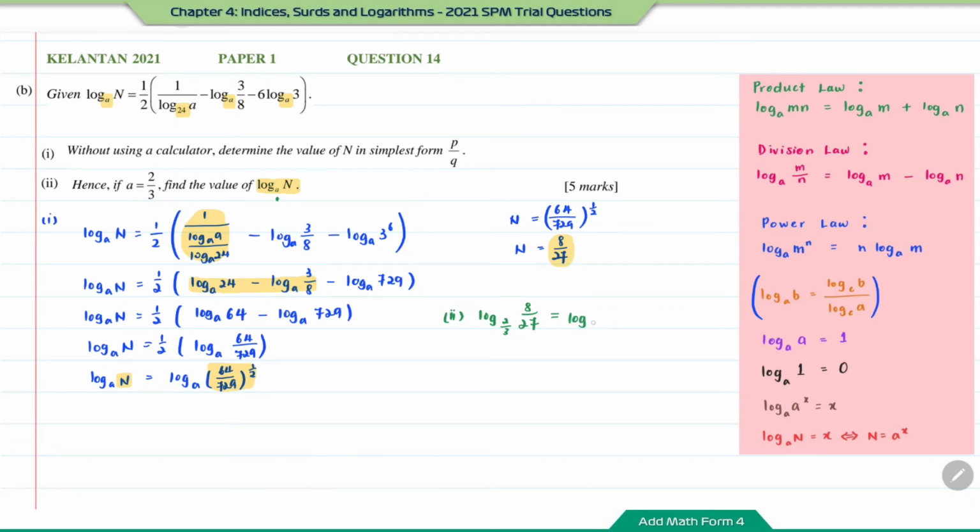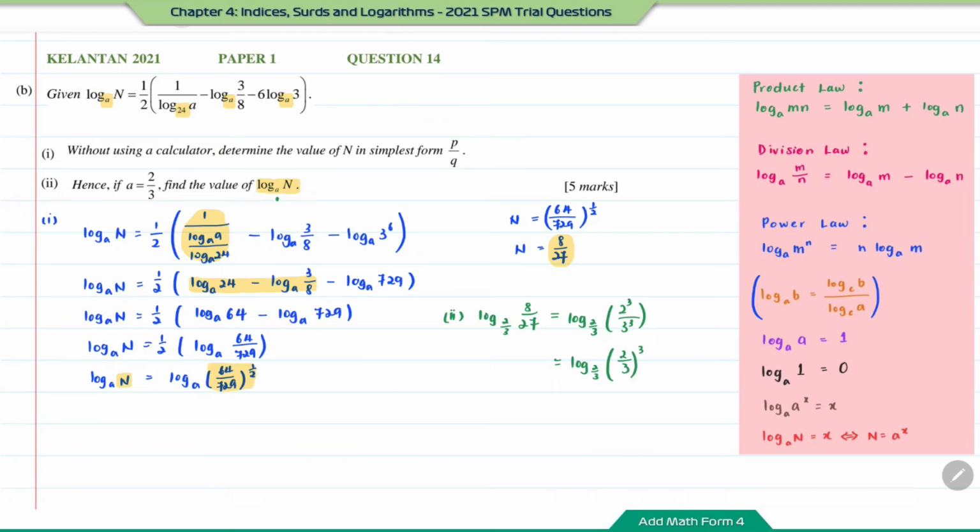Now, this 8 over 27, I can write it as, the 8, I can write it as base 2 to the power of 3, and 27 is base 3 to the power of 3. So next, I can write it as log base 2 over 3 of bracket 2 over 3 to the power of 3.